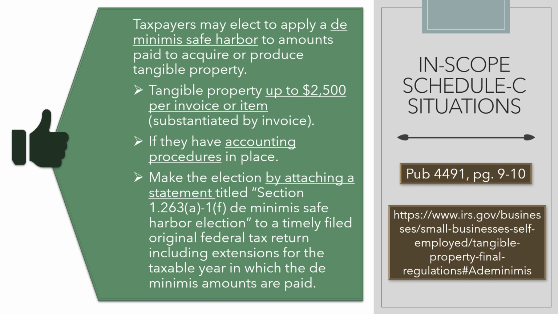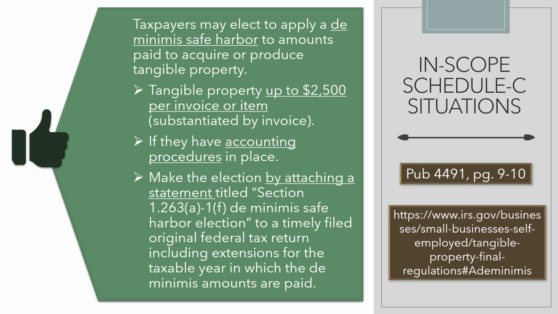So they would make this election by attaching a statement that's titled Section 1.263(a)-1(f), de minimis safe harbor election, with their timely filed original federal tax return, and that timely filing includes extensions for the taxable year in which the de minimis amount is paid.